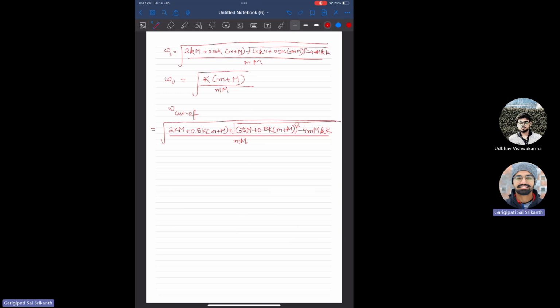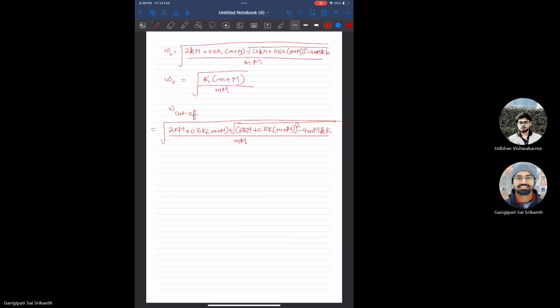Yeah, so these are the frequencies. So far we have covered Bragg-based systems. We have covered local resonance based systems.